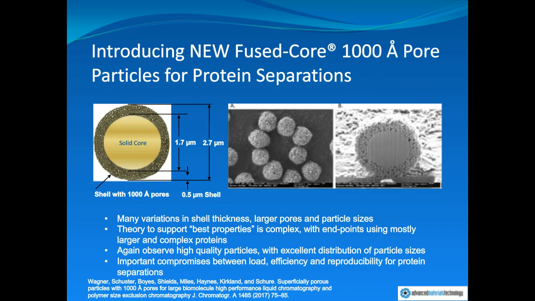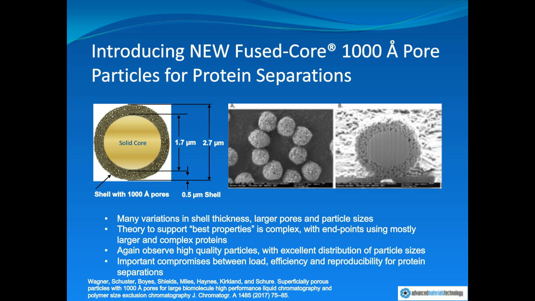We have continued in this vein, and I can introduce the new 1,000 angstrom pore size particles for protein separations. Again, with the cartoon on the left, this is a 1.7 micron solid core material with a half micron thick shell with a 1,000 angstrom pore size, fully superficially porous shell.